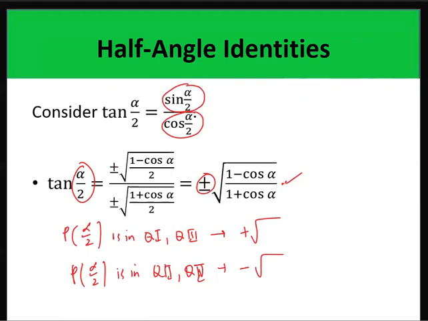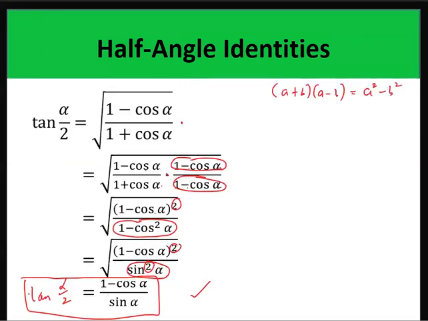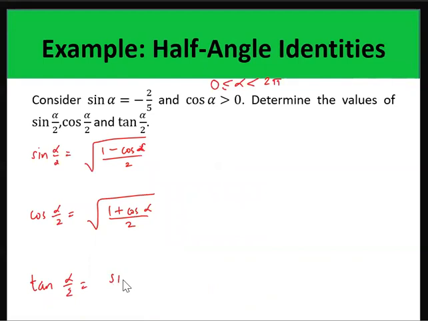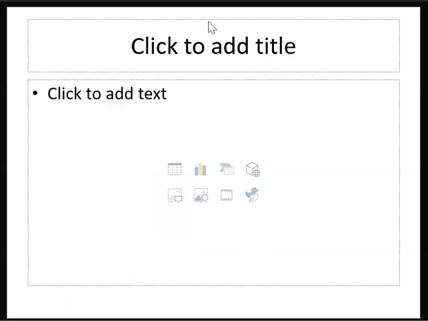For simplicity, let's use sine alpha over 1 plus cosine of alpha. To solve for these trigonometric functions, we will need the value of cosine of alpha. So let's solve it in another slide.